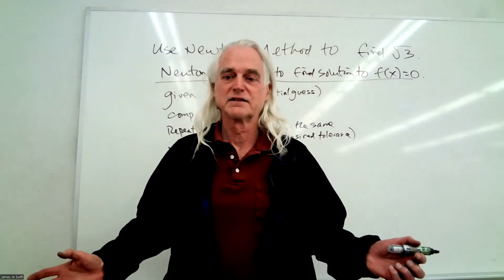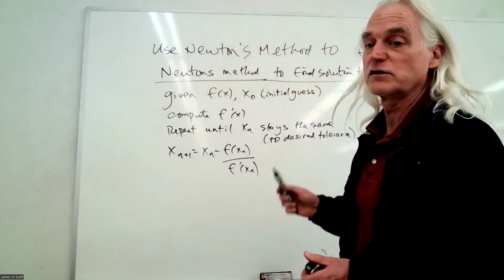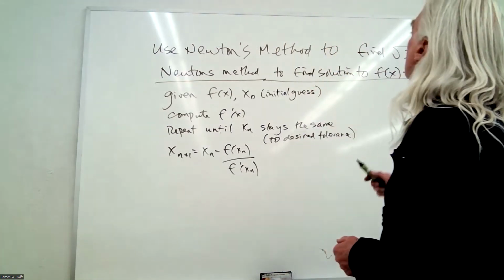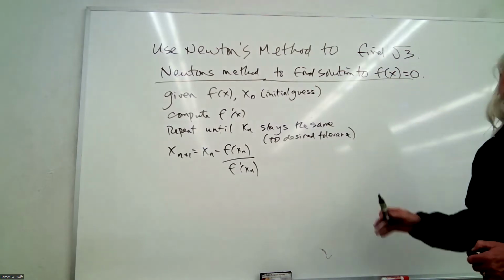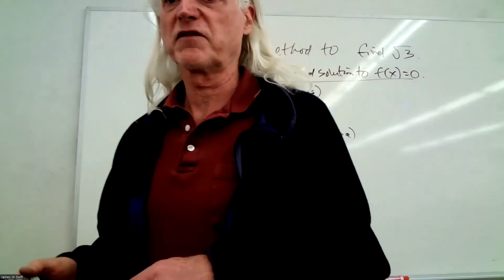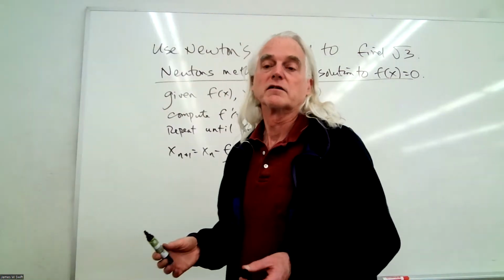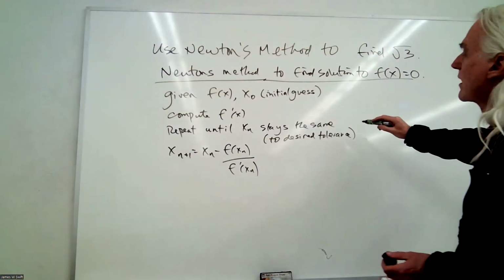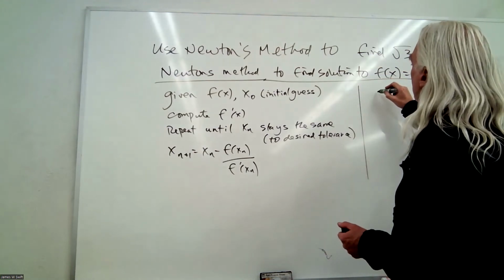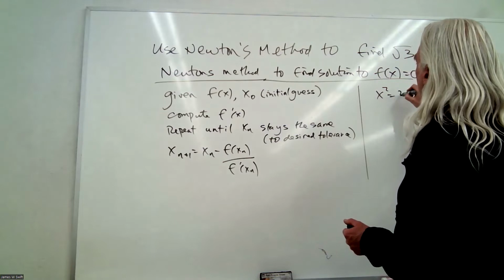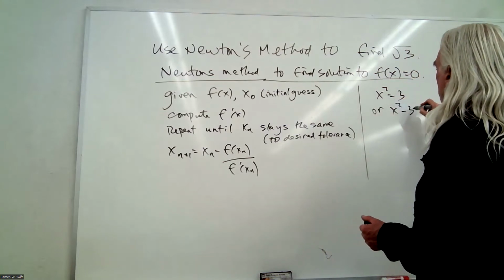Hello. So here I'm going to do a little, hopefully short video about using Newton's method to find the root to an equation f of x equals 0 in general, but here we want to find the square root of 3. So the first thing I want to do is note that x squared is 3, or x squared minus 3 is 0.